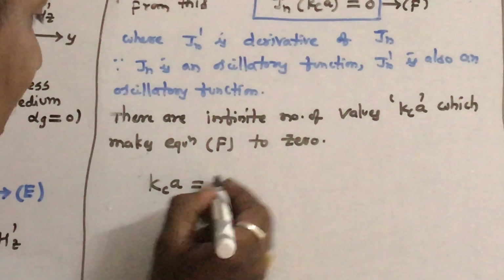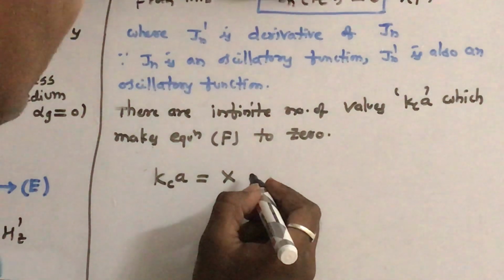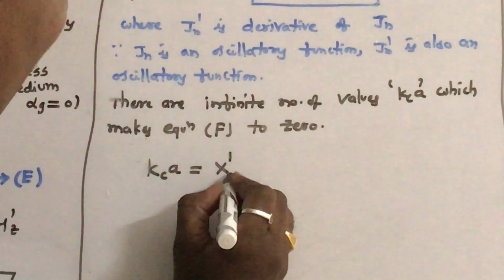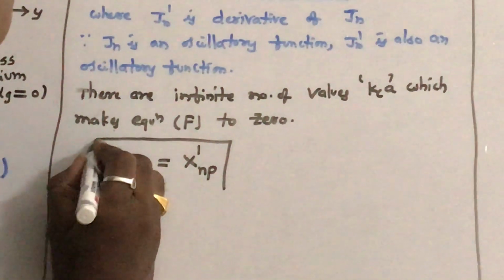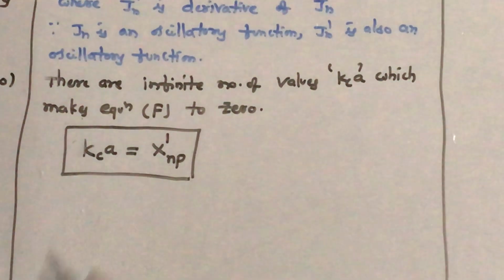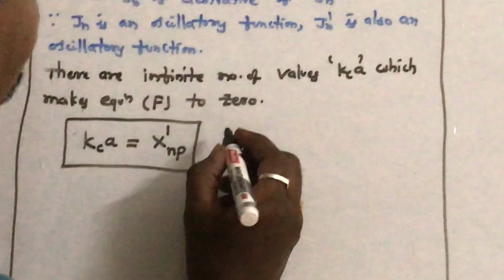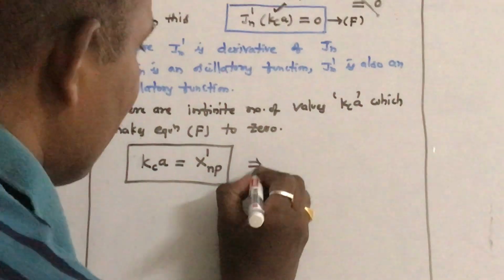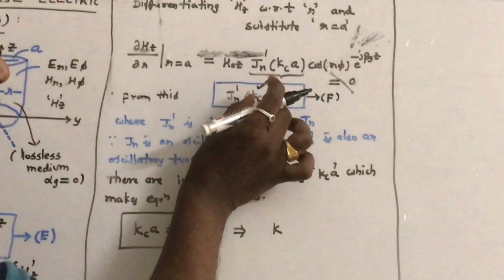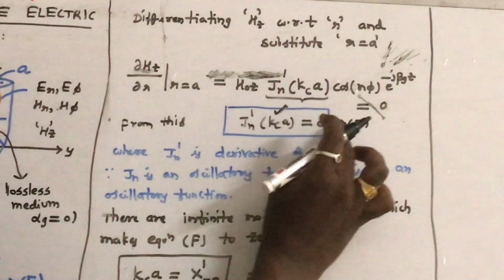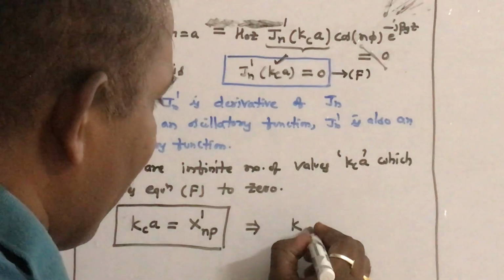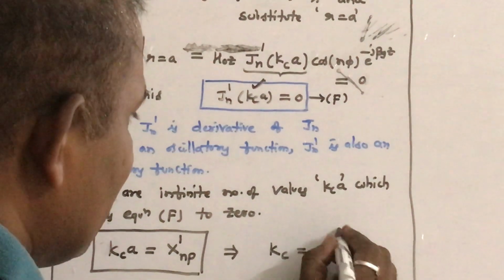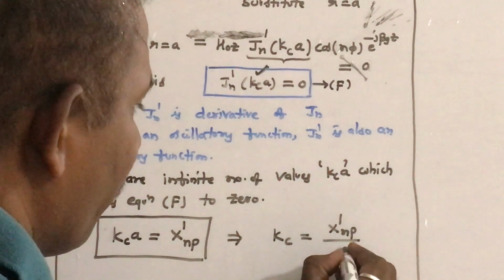Each value of this Kc into A is designated as x dash of np. Remember that, x dash of np. So each solution of Kc into A which satisfies this equation is represented as x dash of np, where Kc, the cutoff wave number, is given by x dash np by A.